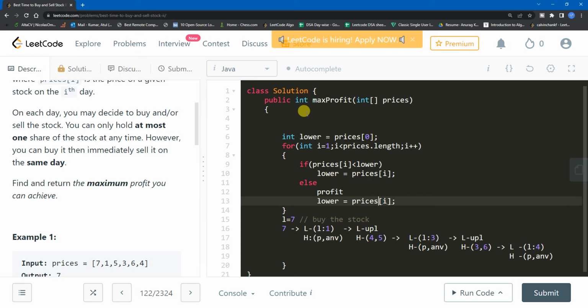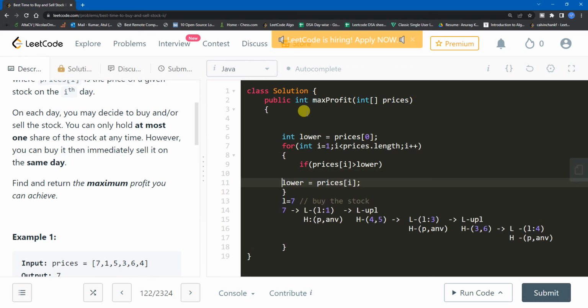Here you can see that for both conditions you have to write lower is equal to prices of i, and for the else part, if the price is higher than lower, then you have to calculate the profit. So why not write the condition in that way? If prices of i is greater than lower, calculate the profit, and then you don't need to write lower is equal to prices of i two times.